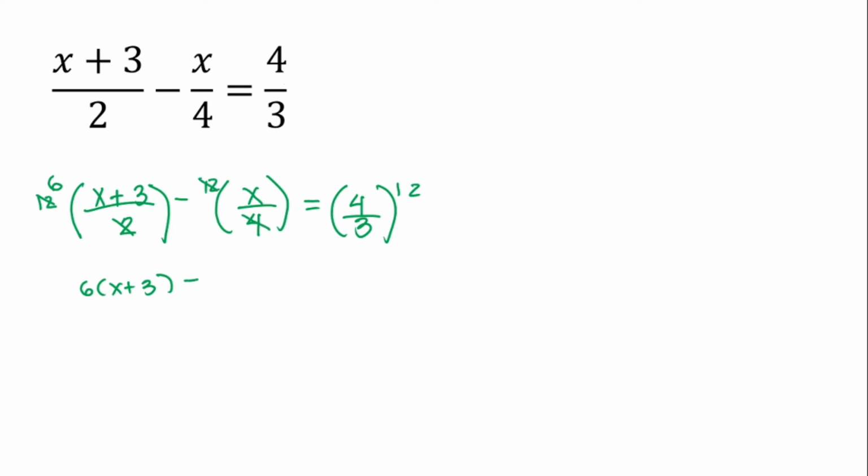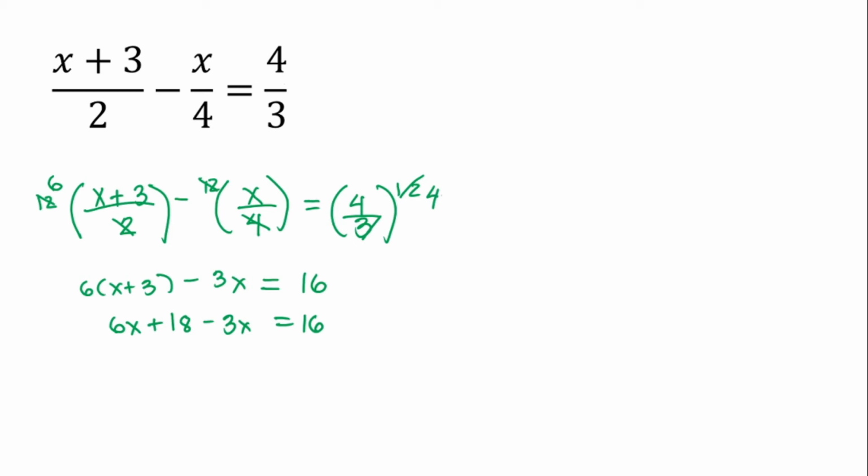So, 12 divided by 4 is 3x equals 12 divided by 3 is 4. And what is 4 times 4? That is 16. Alright? So, let us now distribute 6 to x plus 3. 6 times x is 6x plus 6 times 3 is 18 minus 3x equals 16.